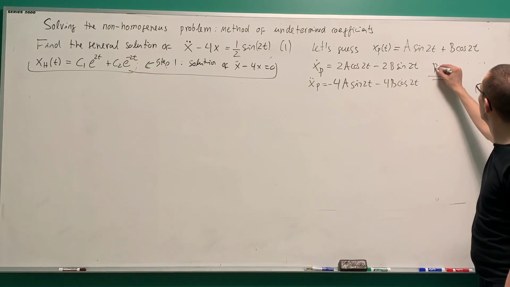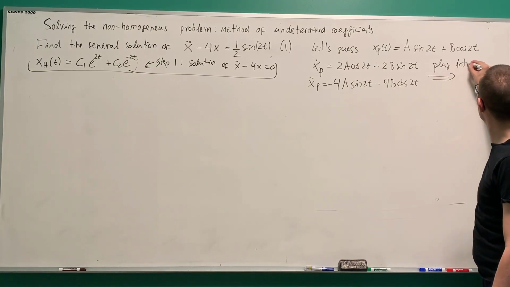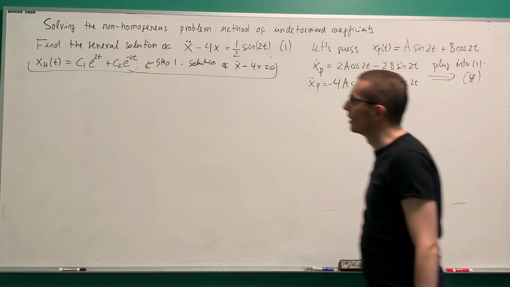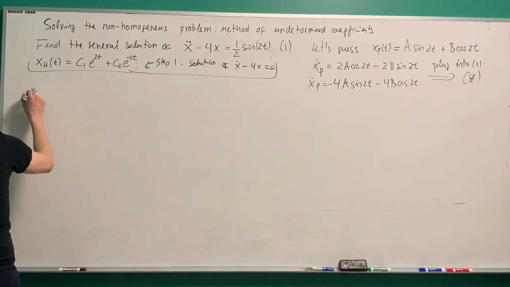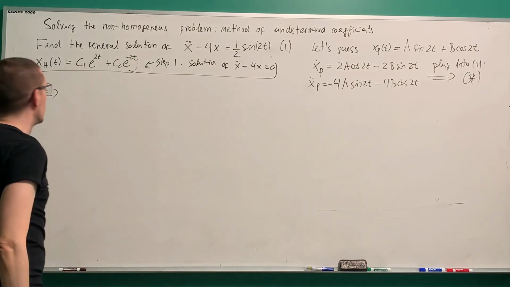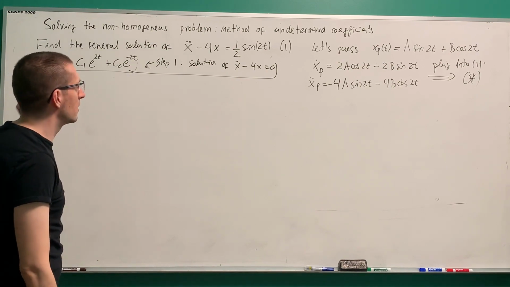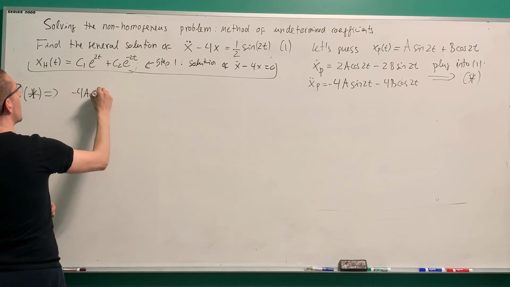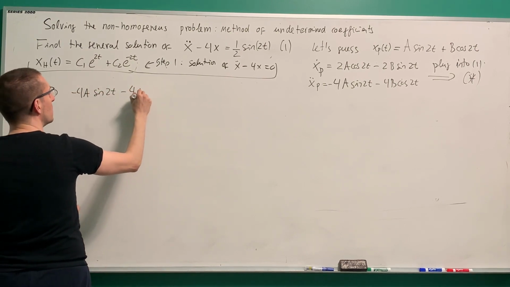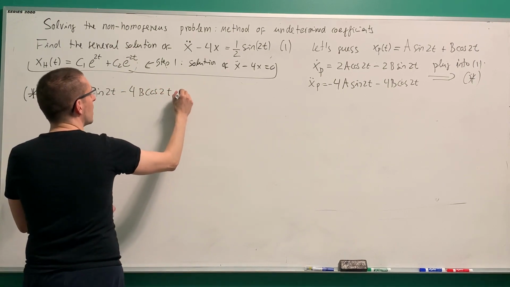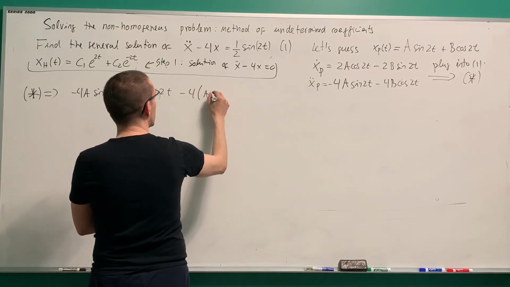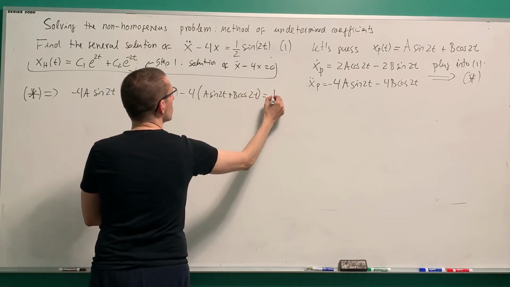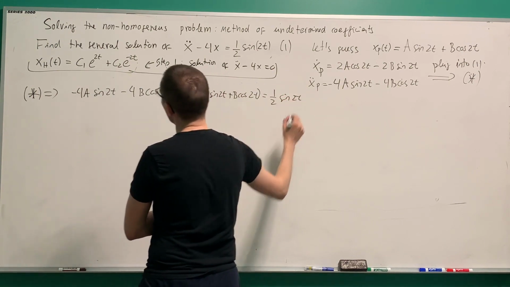All right, let's plug into 1. We open the wormhole and it takes us all the way to this side of the uniboard, and then we plug it in and get minus 4a sine 2t minus 4b cosine 2t minus 4 times (a sine 2t plus b cosine 2t) equals 1/2 sine 2t.